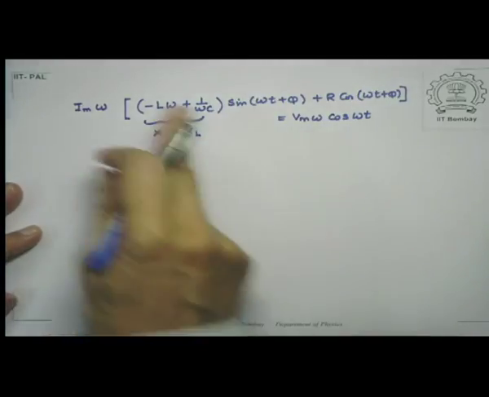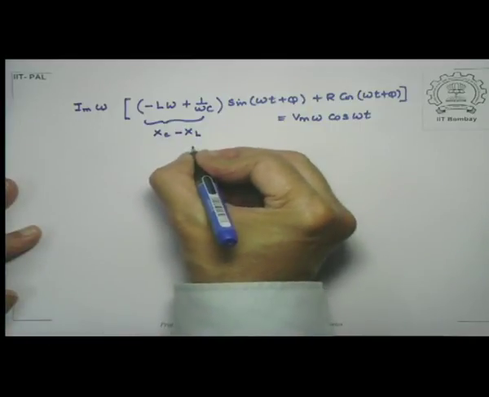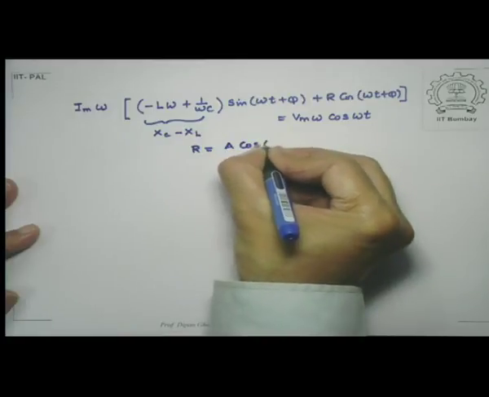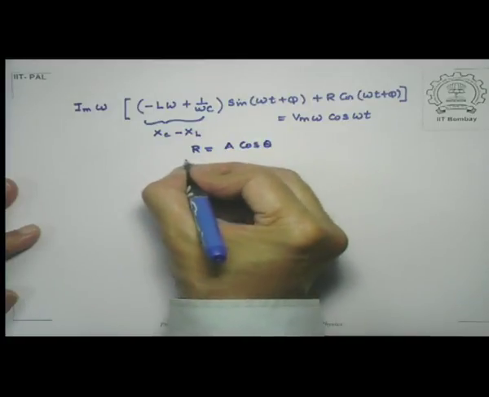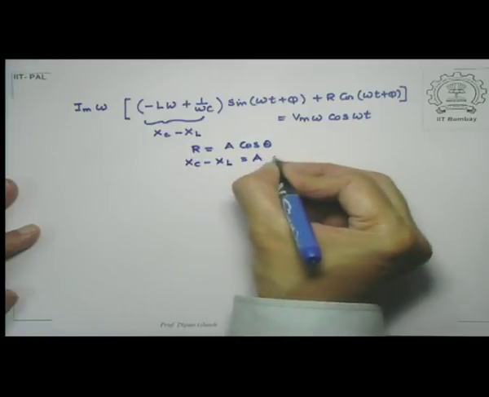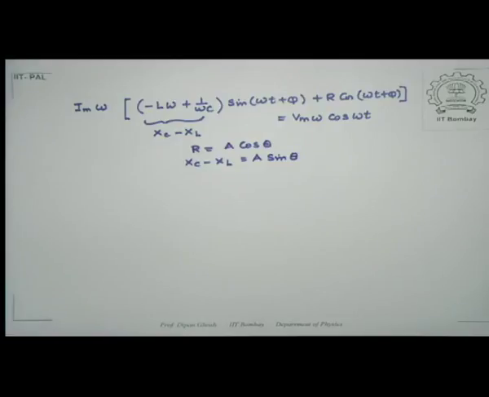I can simplify the left hand side of this expression by taking r equal to some a cosine theta and xc minus xl to be equal to a sine theta, where of course I need to determine what a and theta are.